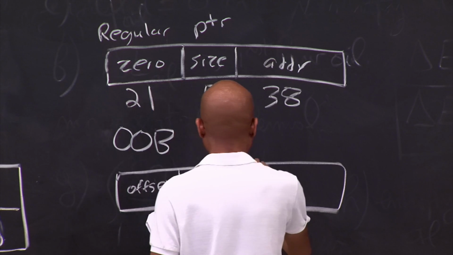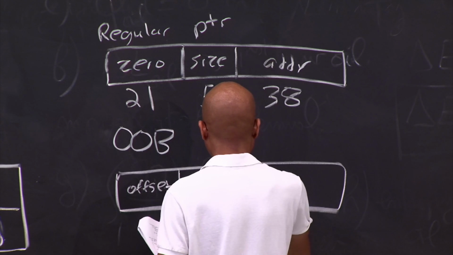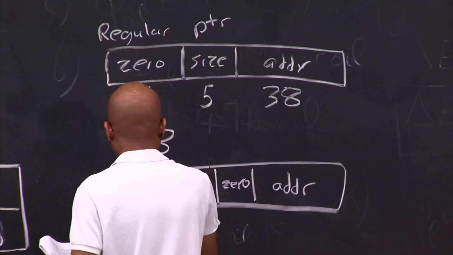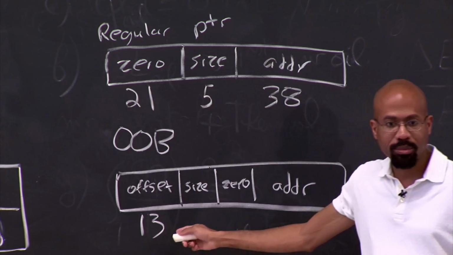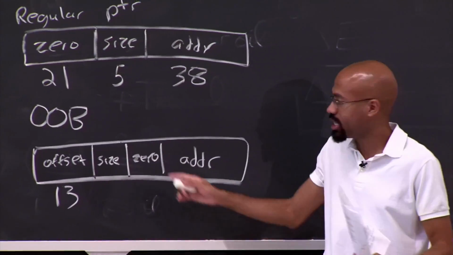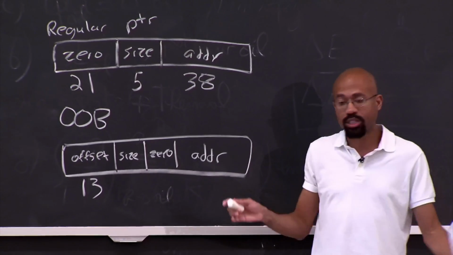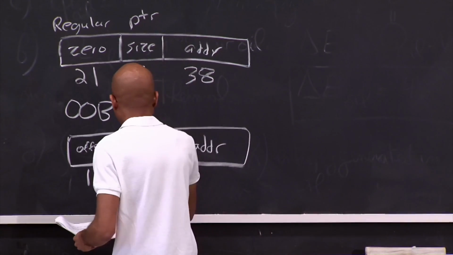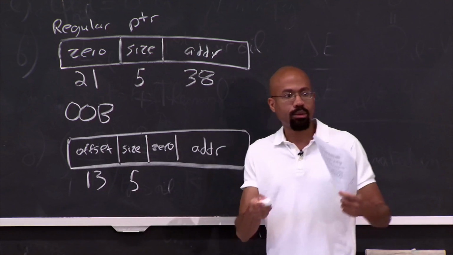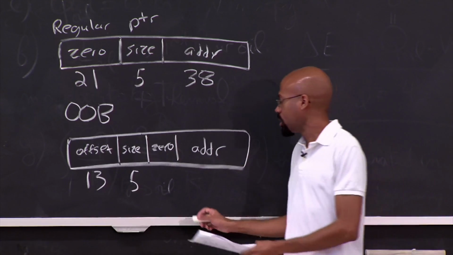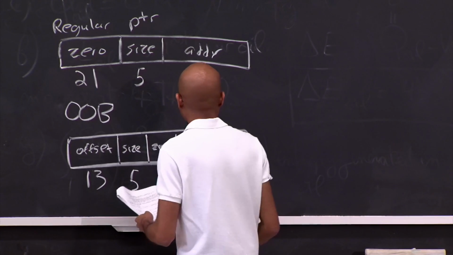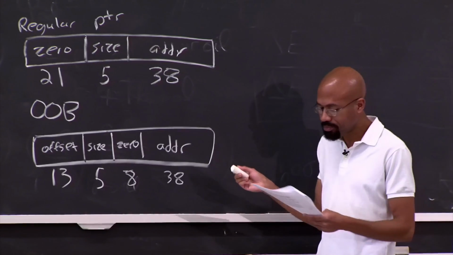So we can have 13 bits here for the offset: how far away is this out-of-bounds pointer from the place where it should be? And then once again, we can put the actual size of the referent object here. This will be 0 once again, and then this will be the real address space.